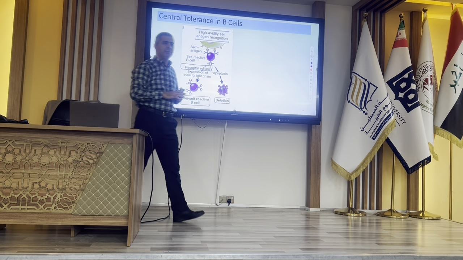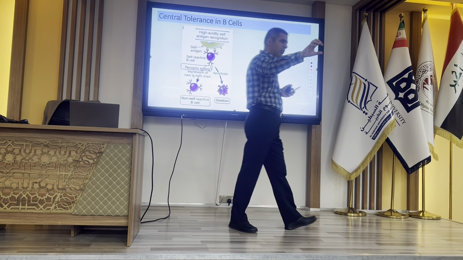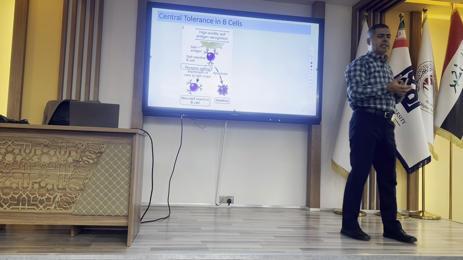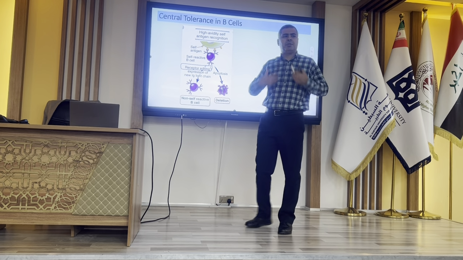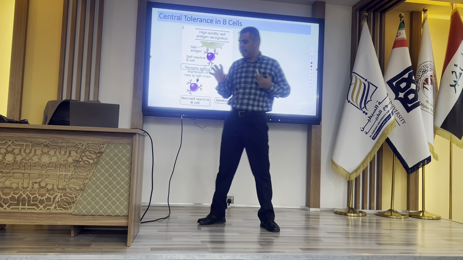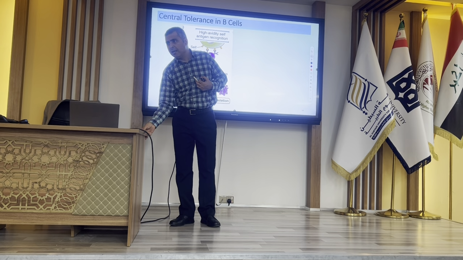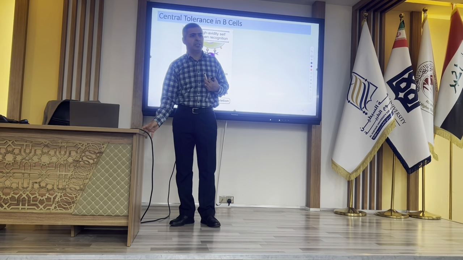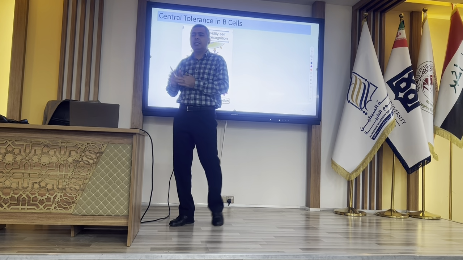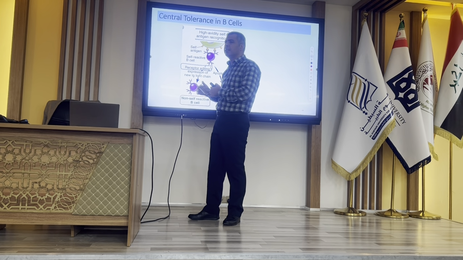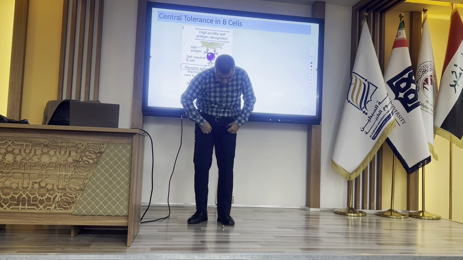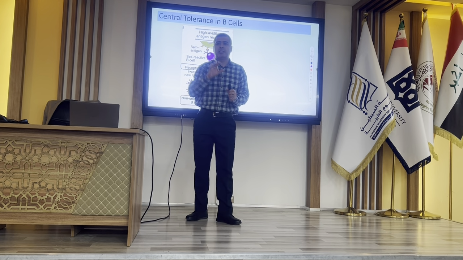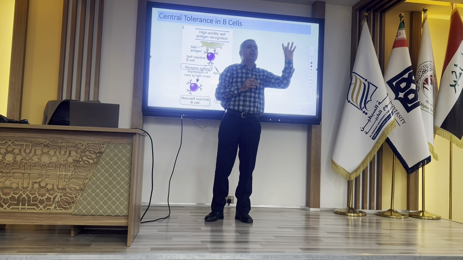What does that mean? It means that in the bone marrow, in developing B cells that are checked against self-antigen, if I am a B cell and I have a self-reactive receptor, another chance is given to change my receptor. So I have another chance to go and change my receptor.